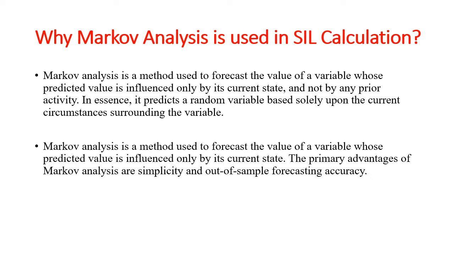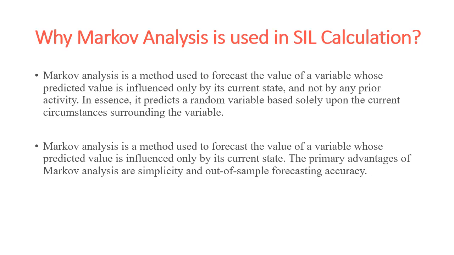This is why this method has been widely used in SIL calculation. In the next couple of slides, we will begin from the very basics and try to understand how Markov analysis actually predicts the future states.